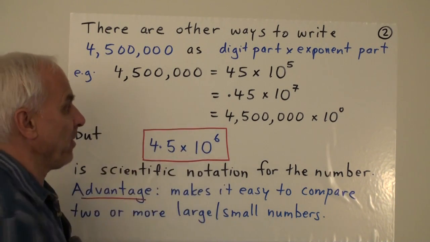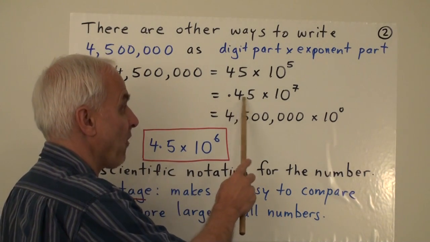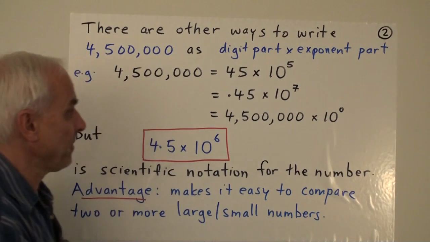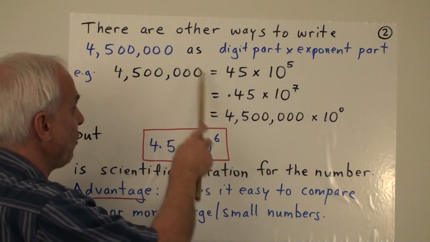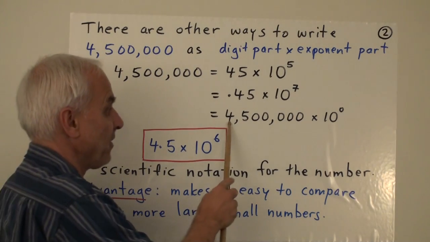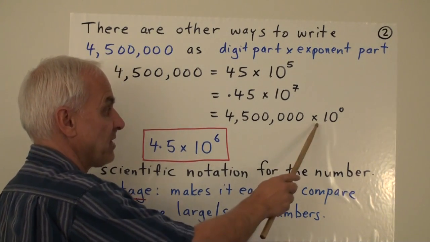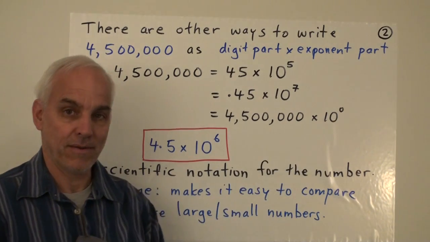So we get that number there. Another way of writing it would be 0.45 times 10 to the 7. Then we would have to move the decimal place over 7. Or, in fact, we could write 4,500,000 times 10 to the 0. Because remember, 10 to the 0 is 1.